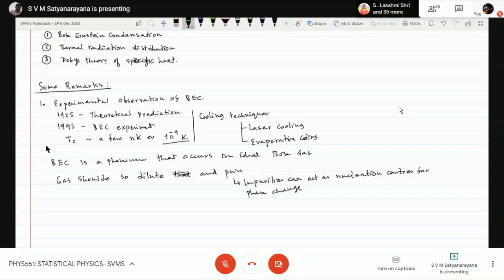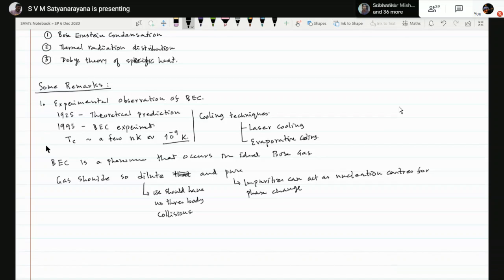And it has to be very dilute, because we should have no three body collisions. Only binary collisions are allowed.